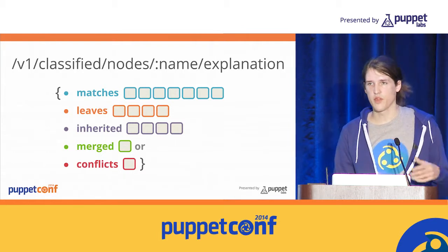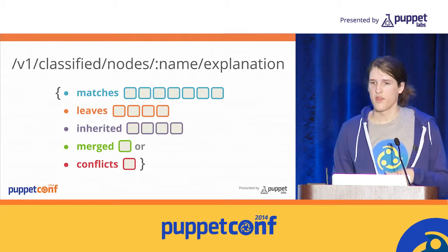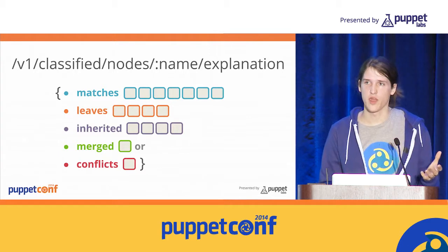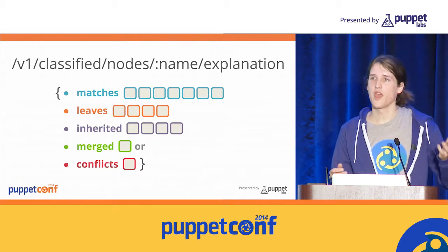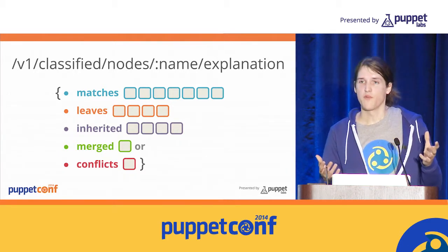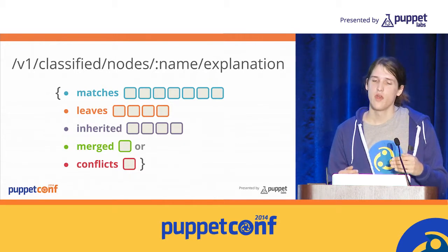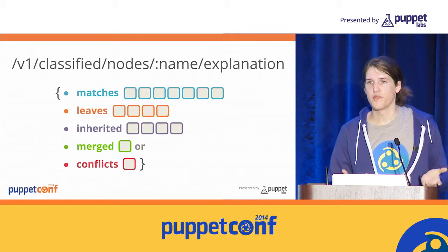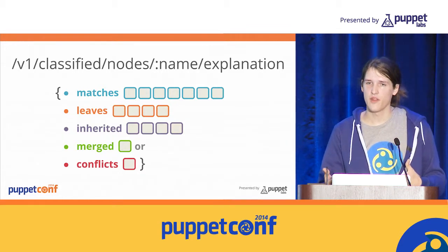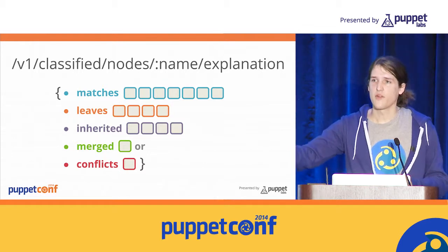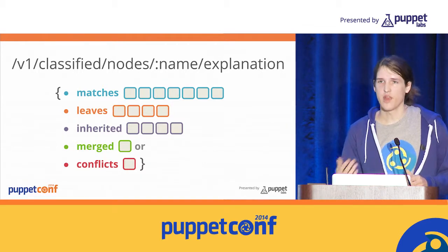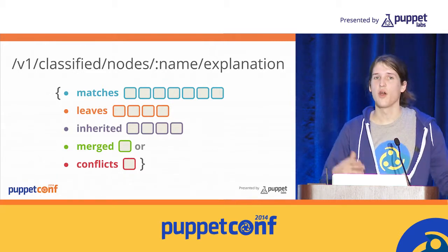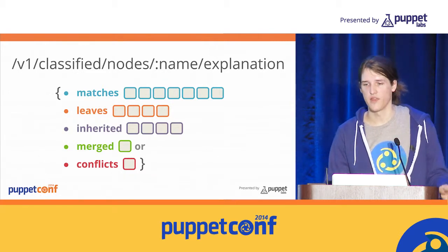And the value is going to look like a node group, except instead of specific values at each place where you get a conflict, we're going to have an array of values or an array of maps that describe not only what the value is, but which inherited leaf it came from, and if that value was defined in an ancestor of that inherited leaf, what ancestor of that leaf it actually came from. And so this allows you to easily distinguish between, oh, I set the wrong value in this leaf versus, oh, I set the wrong value in an ancestor of this leaf.